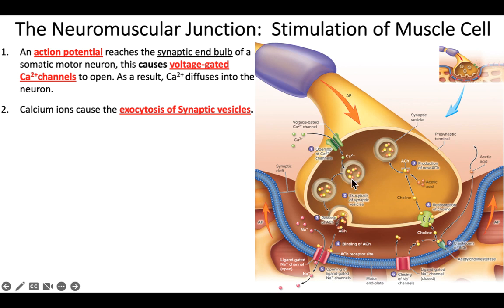Remember, we learned about that back in chapter 3 when we learned about ways to move things out of a cell. This process is exocytosis of the synaptic vesicles. What that does is it releases ACh. ACh is short for acetylcholine. Acetylcholine is the neurotransmitter that stimulates skeletal muscle contraction.